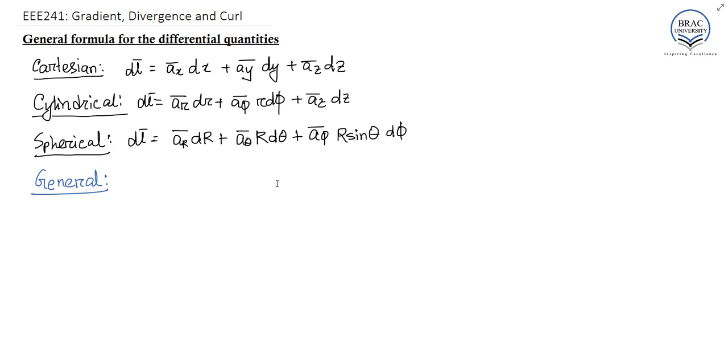For the Cartesian system, the differential length vector was somewhat like this. It says for any differential displacement in a 3D space, you can break it down into its three components along the three axes, namely ax, ay, and az, and the individual differential quantities would be just dx, dy, and dz.